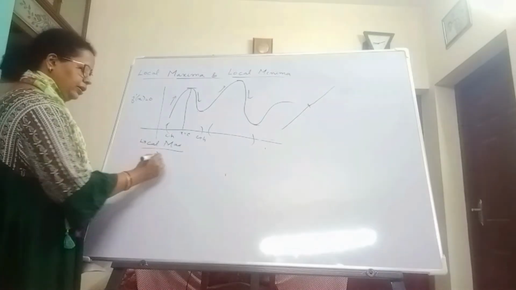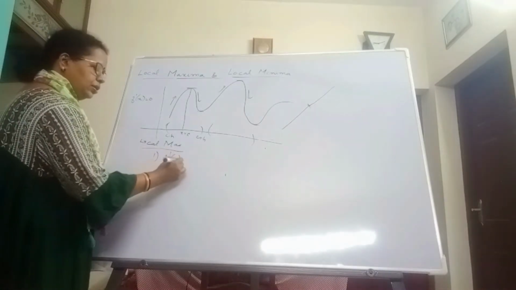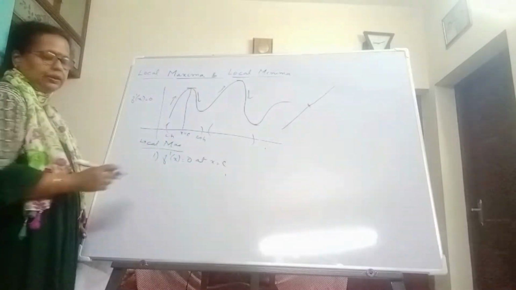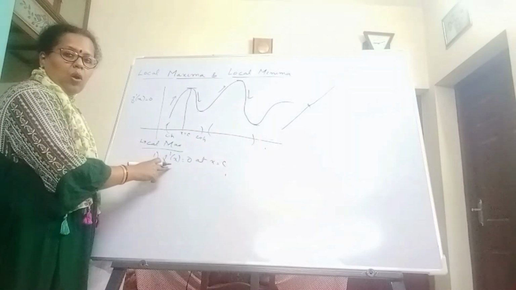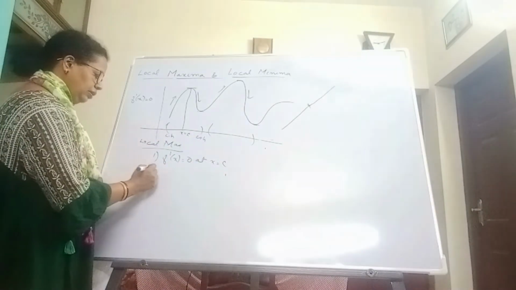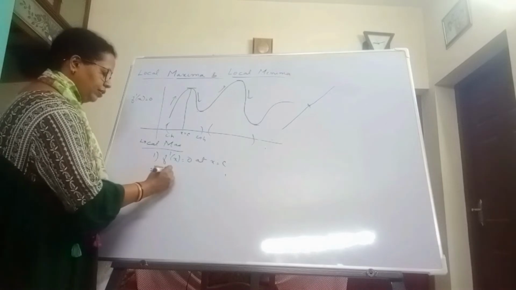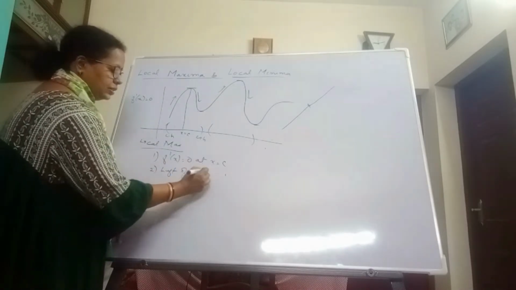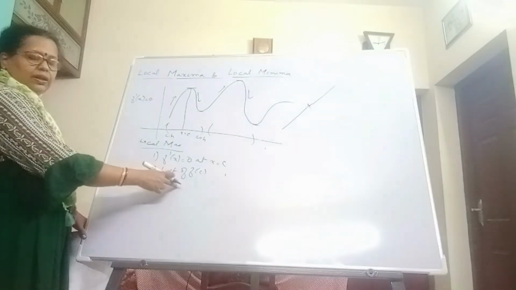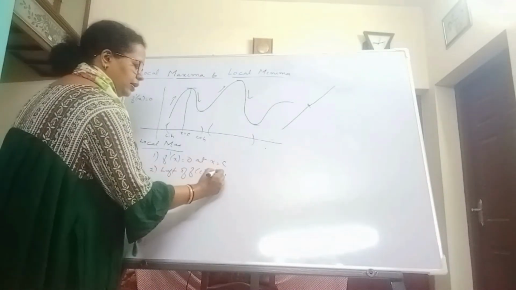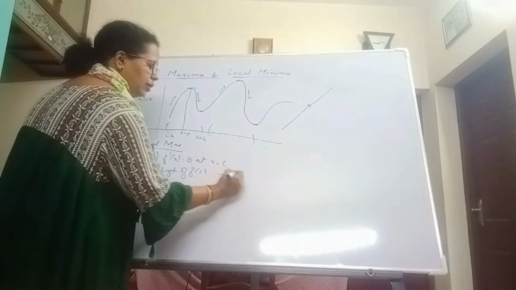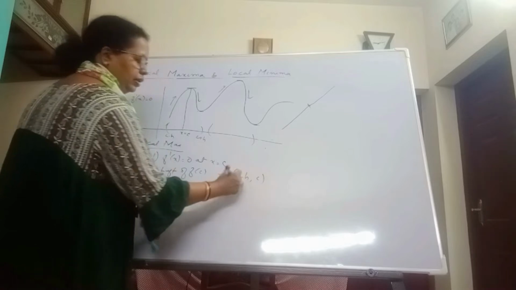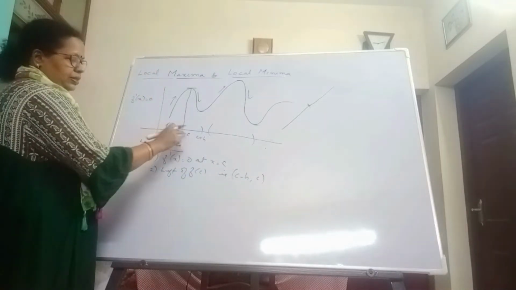First you check, is f dash x equal to 0 at x equal to c? Then it is maxima or minima. Then we should take left of f of c. Consider the interval c minus h, c.